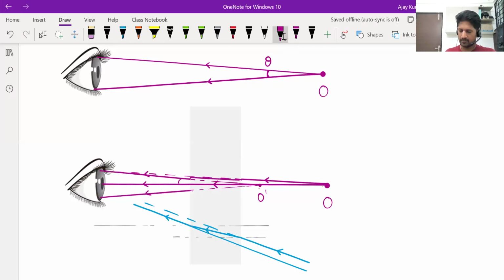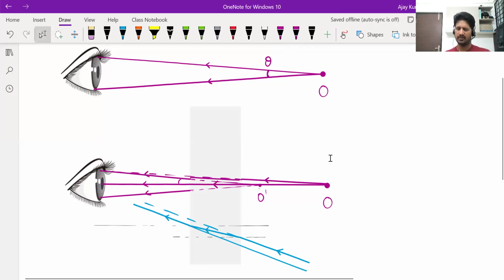So effectively what happens, the object appears to be closer than it actually is. And this is true in real life also. There will be a significant deviation. As I said, you can visualize letters coming closer to you or letters appearing raised up when you put a plastic scale on a sheet of printed or written matter.